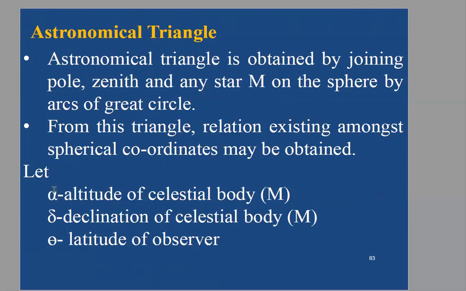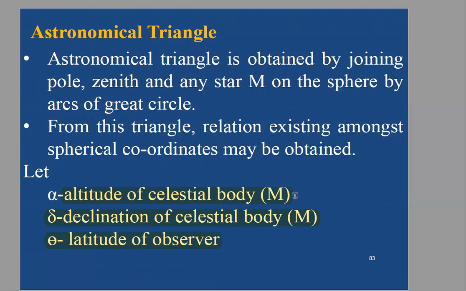Suppose alpha is the altitude of the spherical body M, delta is the declination, and theta is the latitude. So we have assumed alpha as the altitude, theta as the latitude, and delta as the declination.